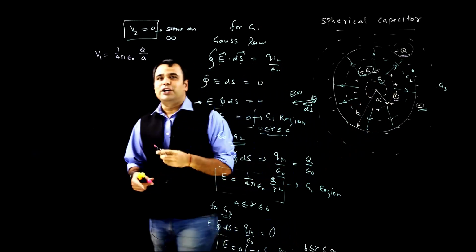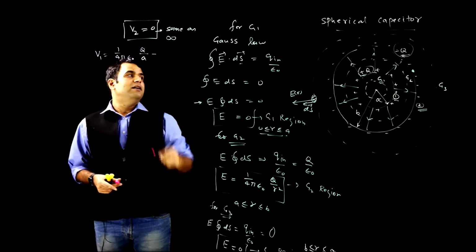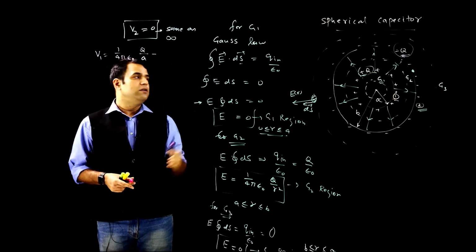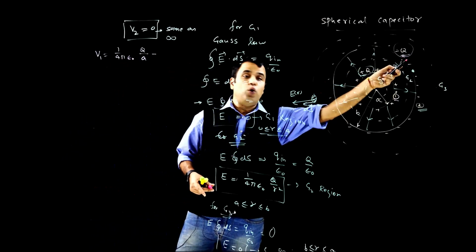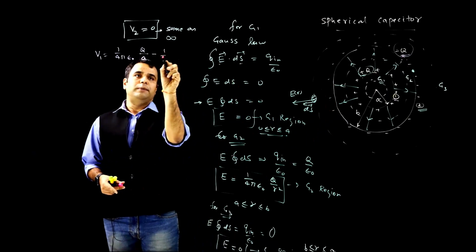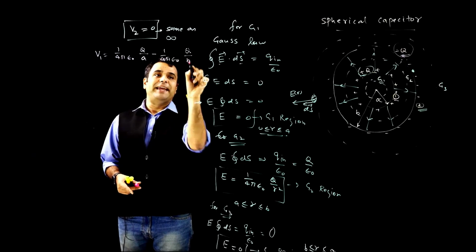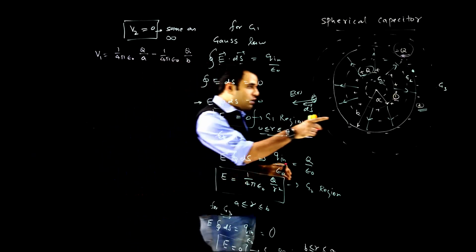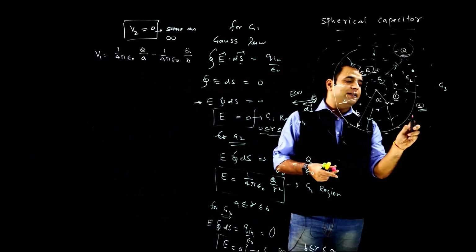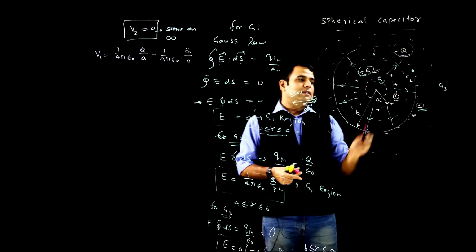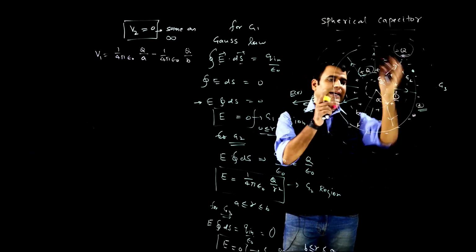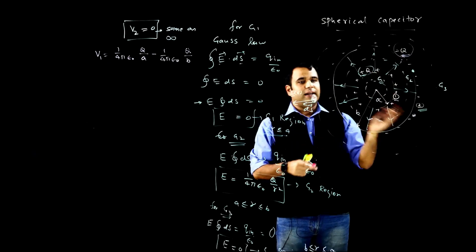So the potential of surface 2, at its own surface, is 1 upon 4 pi epsilon naught q upon b. Because of the outer shell, if you want to calculate the potential, you have to place this charge at the center and then calculate.